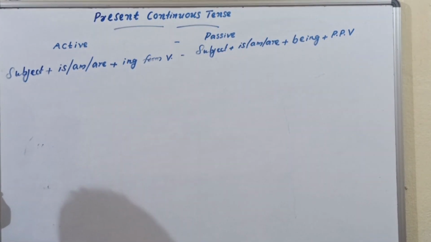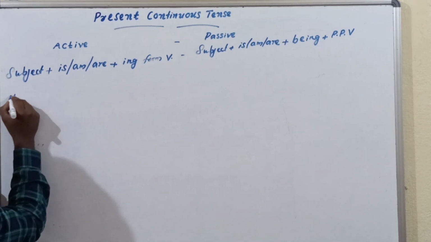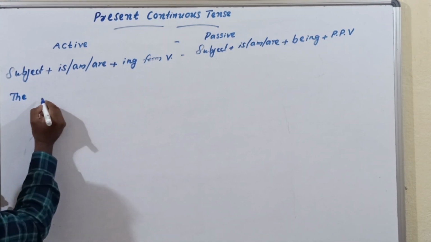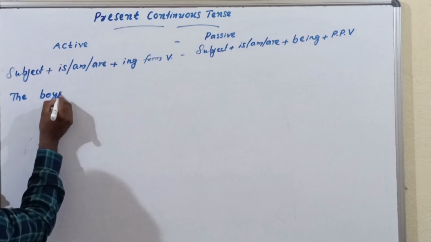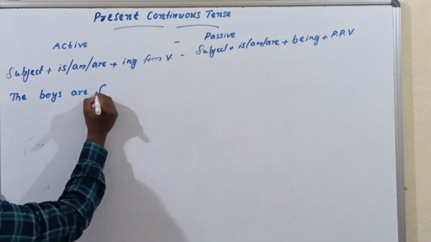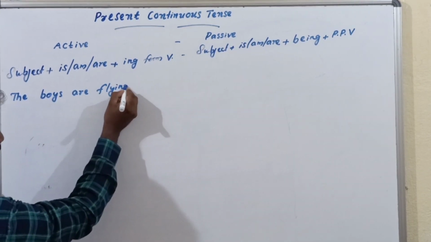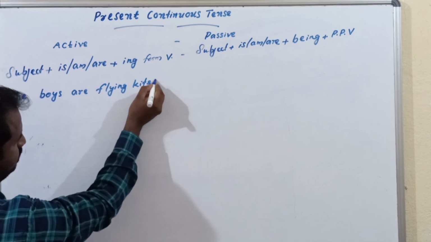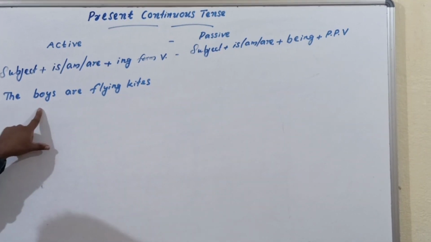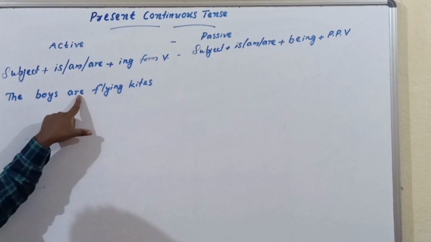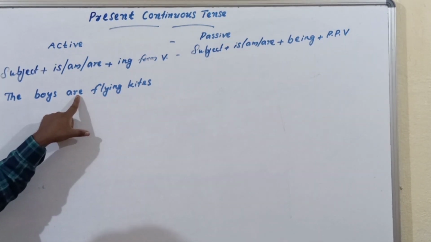Let us go for an example. "The boys are flying kites." From the question itself we can understand, the boys are plural. That's why "are" comes.